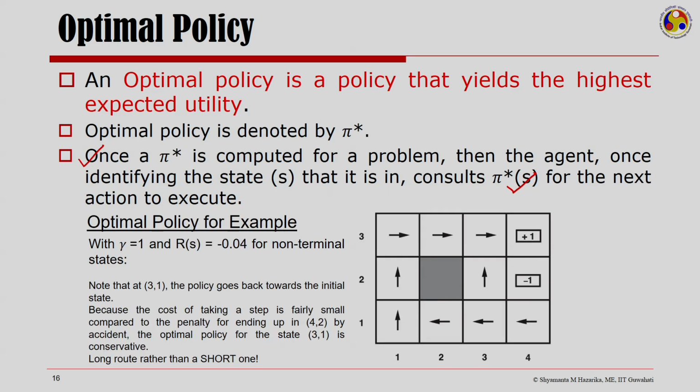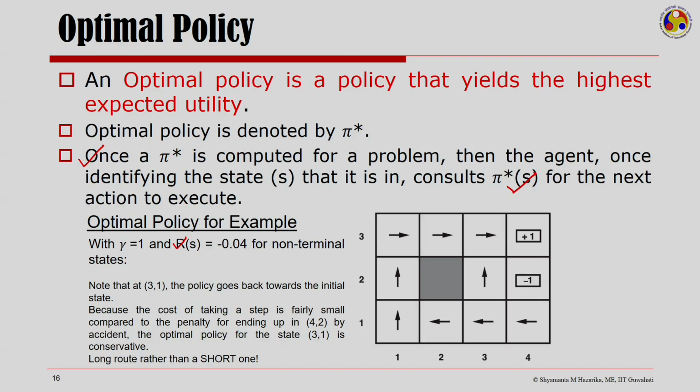So, here is an example of the optimal policy for the problem that we were discussing. Now, this is under a reward of minus 0.04 for all non-terminal states.